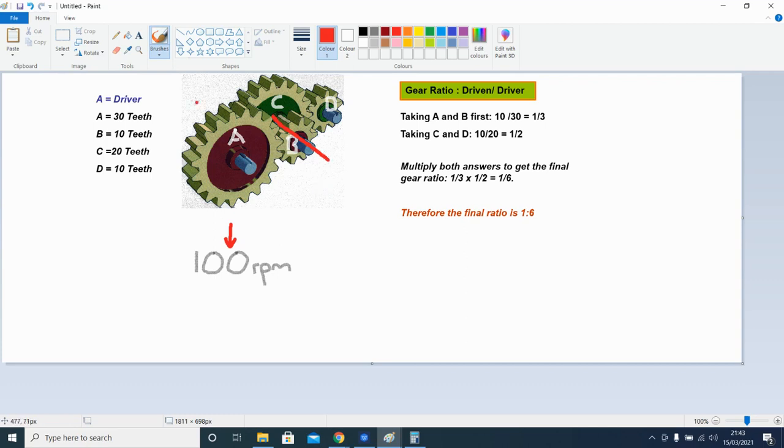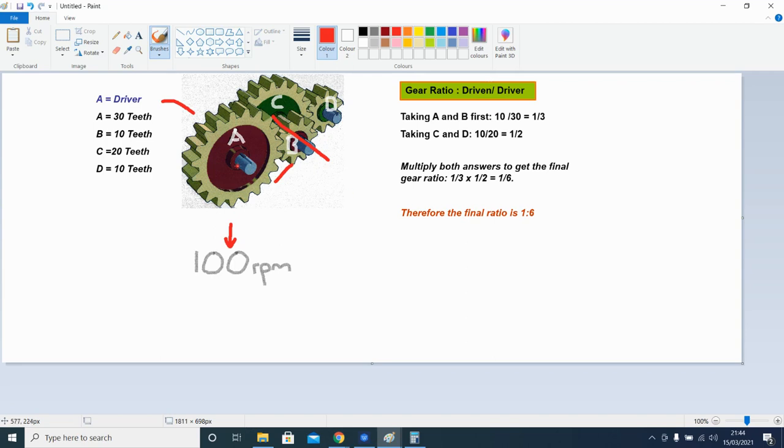And we know that A here is our driver, so this is our input ratio that we need to work out. So we work out this ratio between A and B first, our input ratio, and that is driven over driver, as we've seen before.